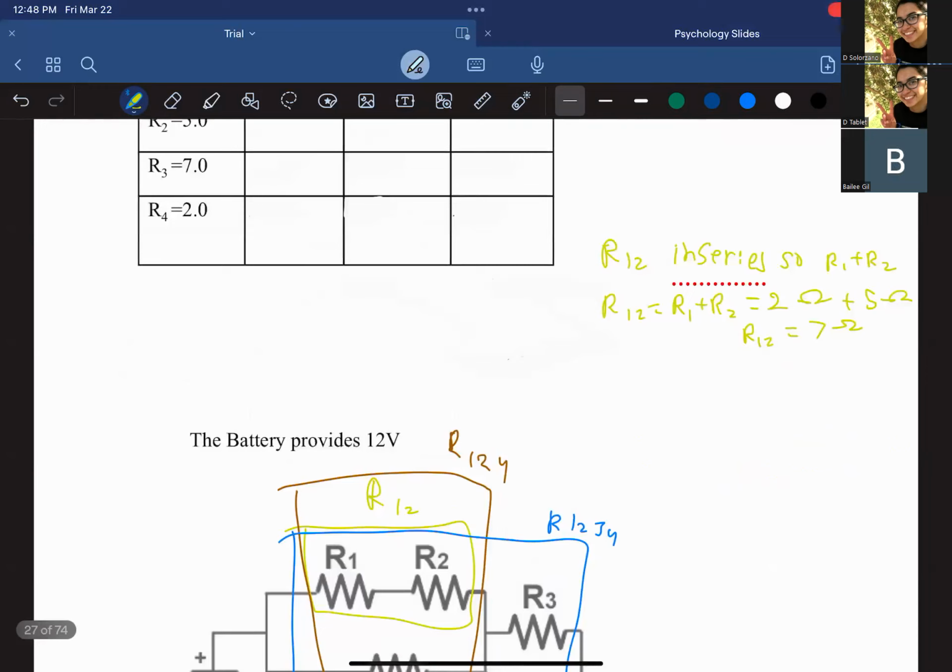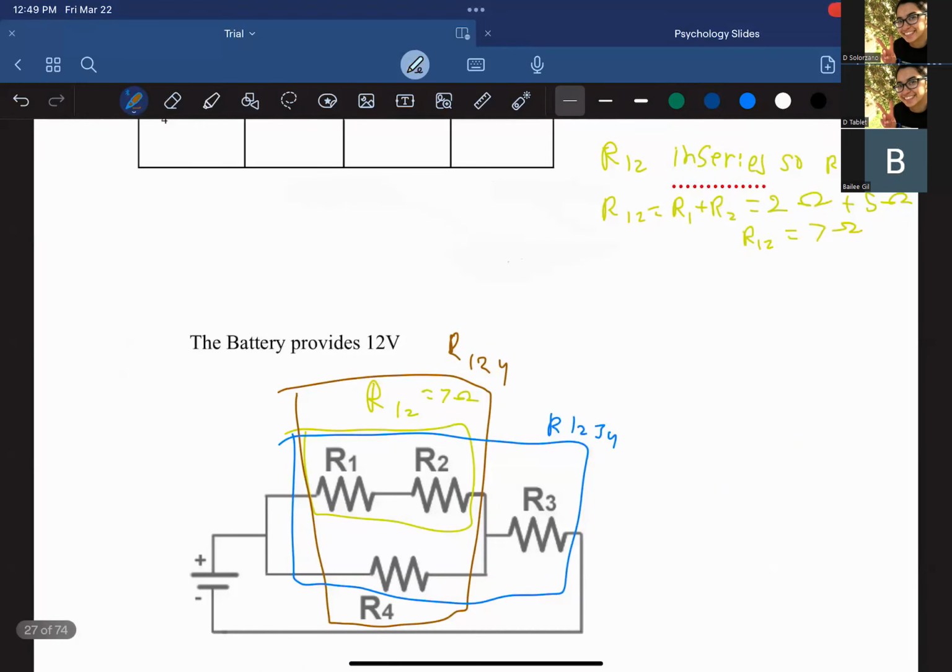I'll go ahead and write that in here just because I like to keep track of it. And then our second one is R1,2 and R4 in parallel.